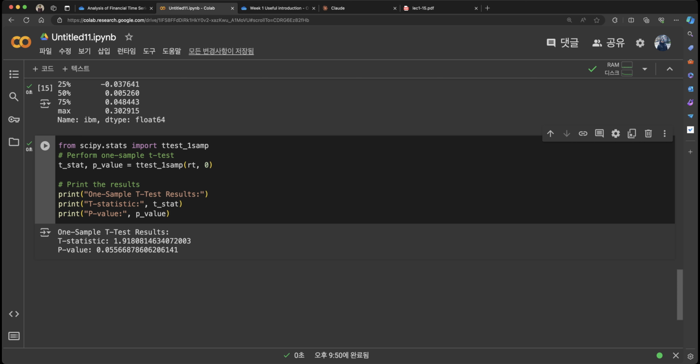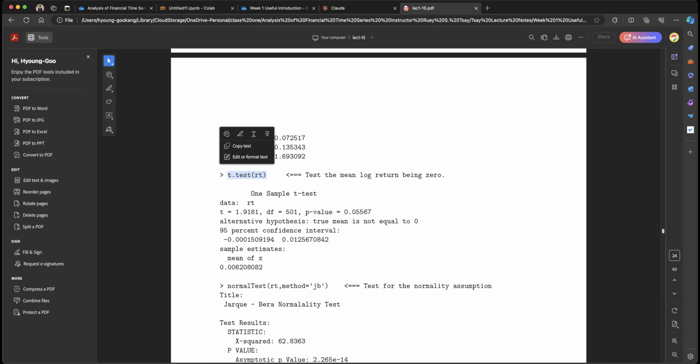This is amazing. For the one sample t-test, the p-value is slightly over 5%. The alternative is that the true mean is not equal to 0. So the 95% confidence interval is this one, and it includes 0. The sample estimate is here.